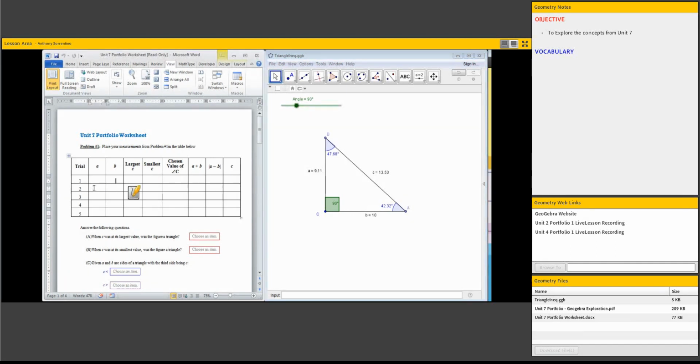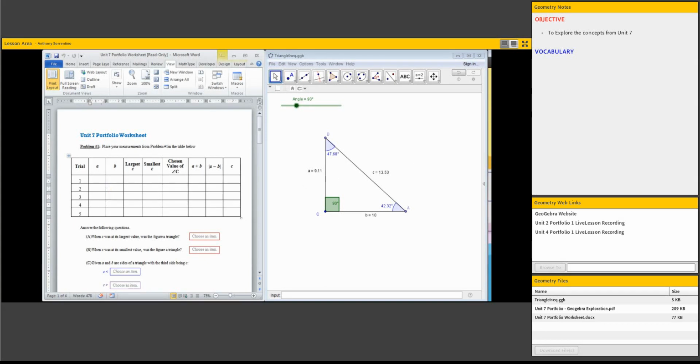Let's see here. This is a table I made in Word itself, and not one that automatically becomes an Excel file, because this one is a little bit more down to earth. I just want to put in the information I have here.